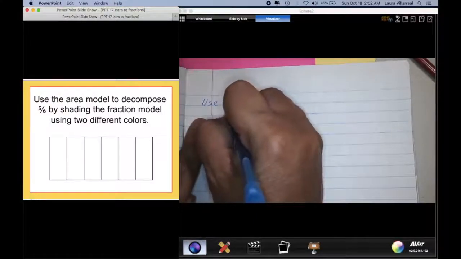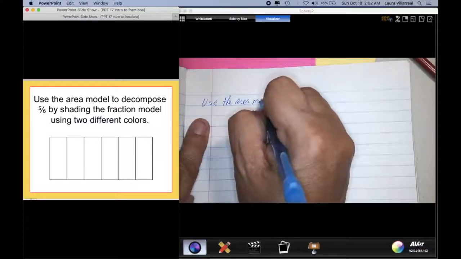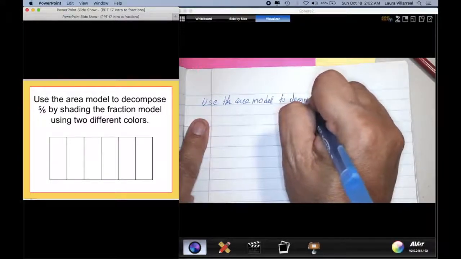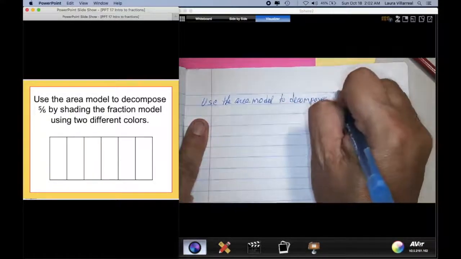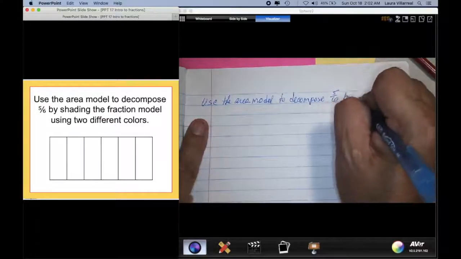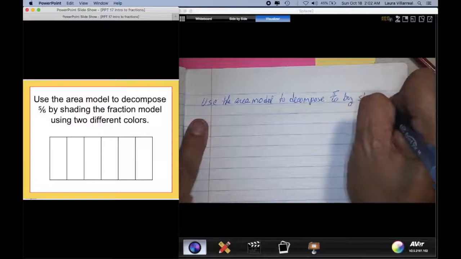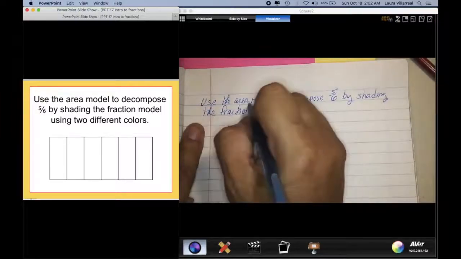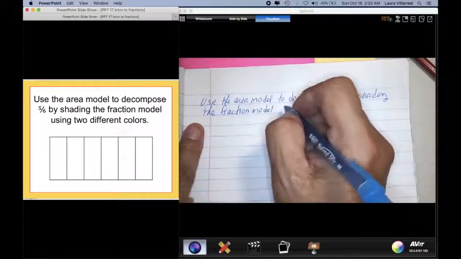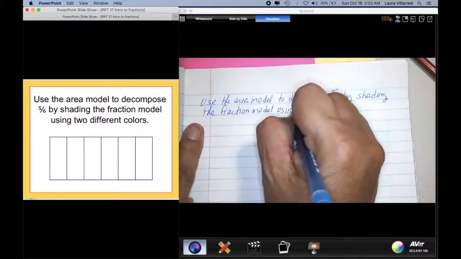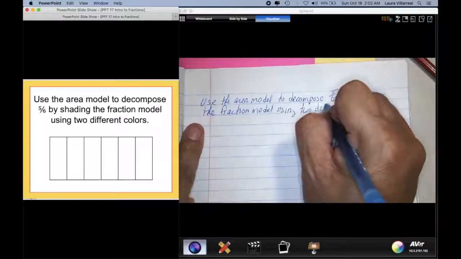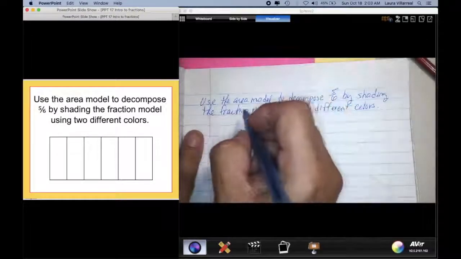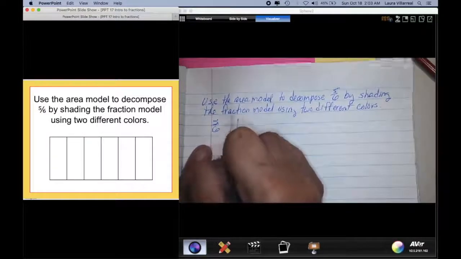So use the area model to decompose 5/6 by shading the fraction model only using two colors. So I'm looking for 5, 6. I'm going to do a small rectangle here.